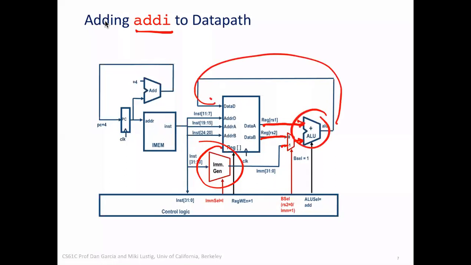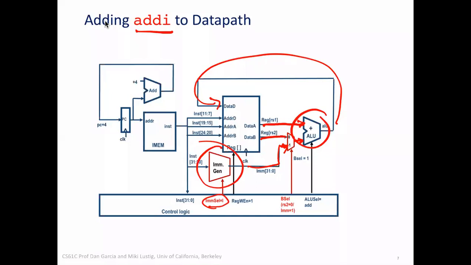Then somebody asked why we need this signal, because immediate generation is not the same. Ultimately what we are adding here is a 32-bit immediate, which is sign extended. But if you look at the different instructions, the immediate field is of different kinds. We'll see that.